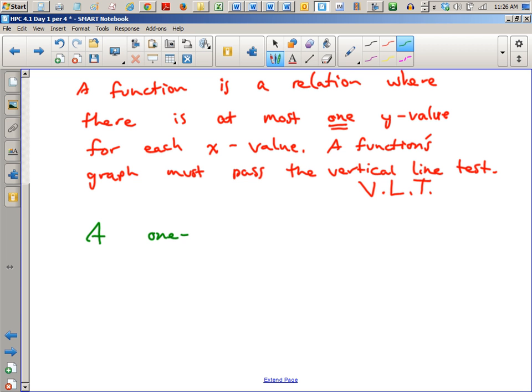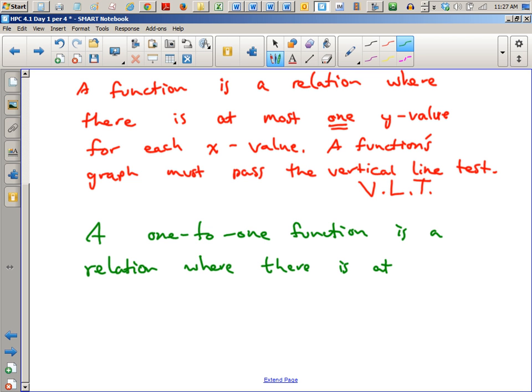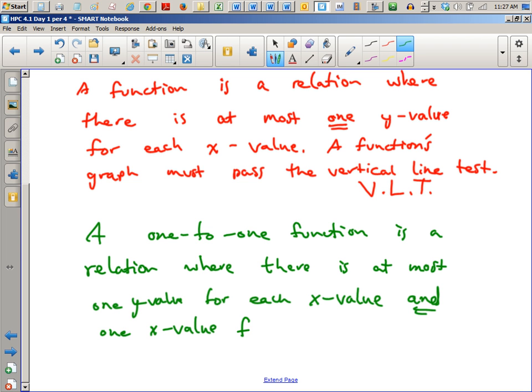A 1-to-1 function is a relation where there is at most one y value for each x value and one x value for each y value.